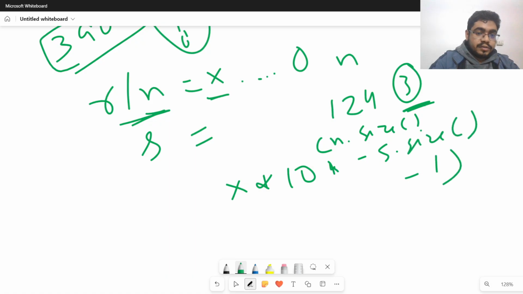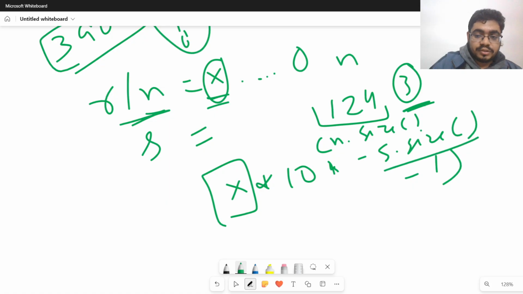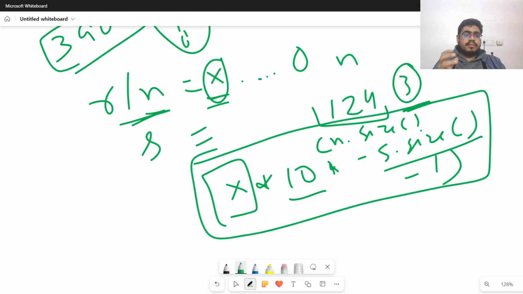Why minus 1? Because this x we have also included in our initial part. So for all the places except this one and these equal to s dot size, all the places can have all 10 values. So 10 to the power this much.